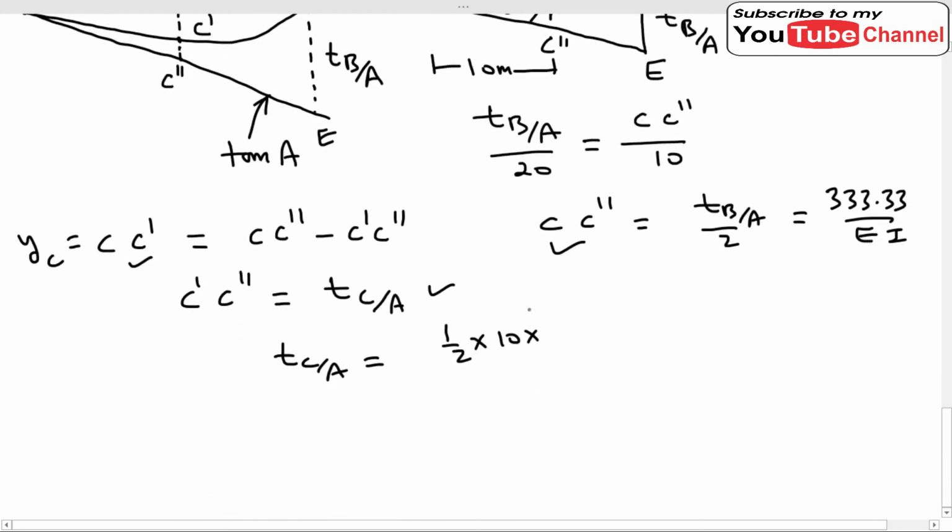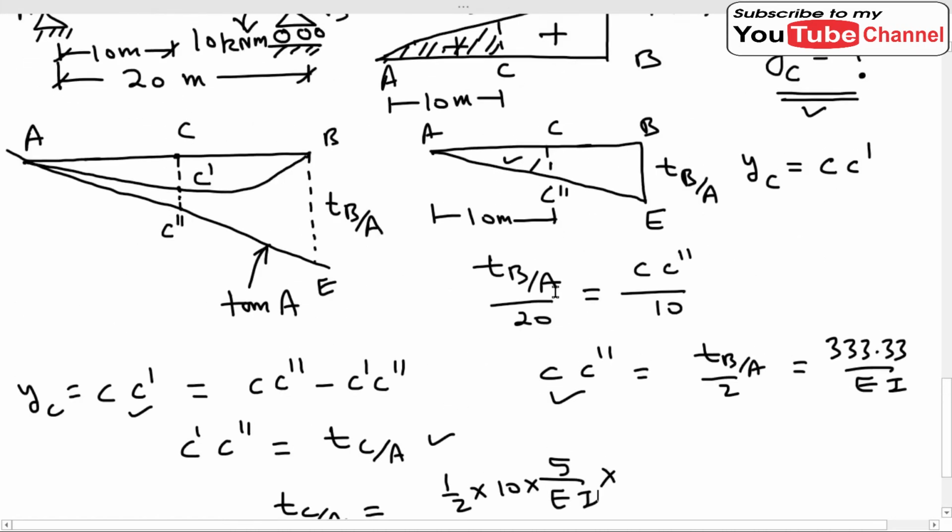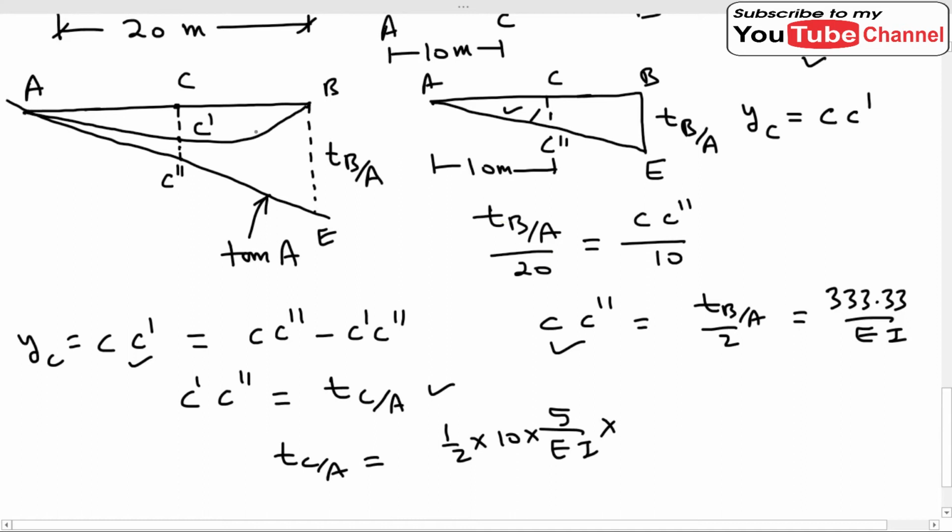So we write 5 upon EI into the value of x bar. The x bar will be taken from C because we are finding the tangential deviation at C. So the value of x bar will be 1 by 3 times 10.